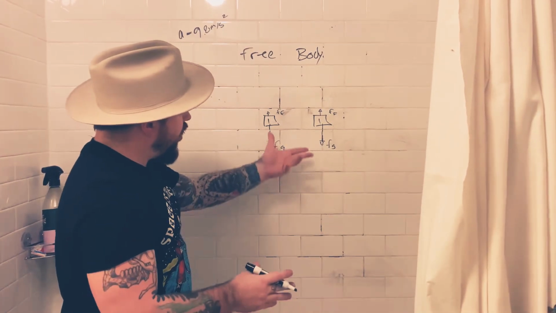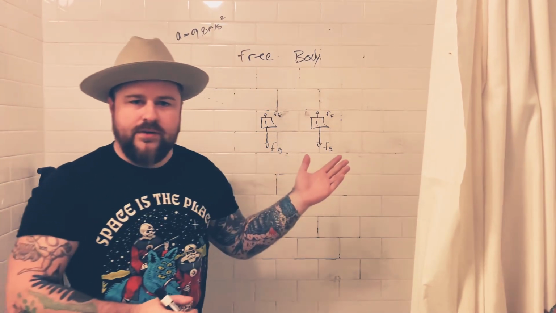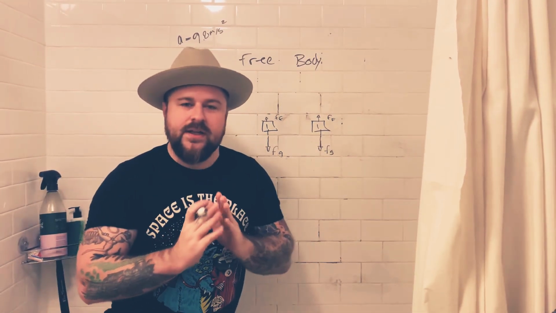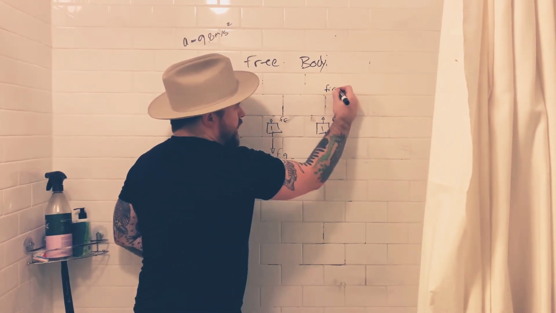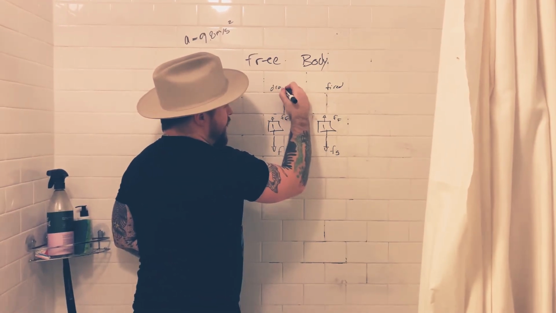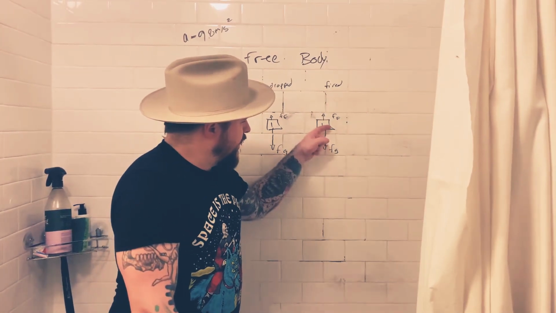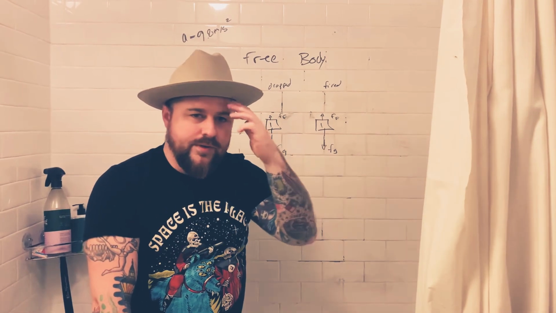Now, are these the only forces acting on both of these bullets, the one that's dropped and the one that's fired? You might say that the bullet that is fired has another force acting on it, of course, the force that's pushing it forward or pulling it forward.